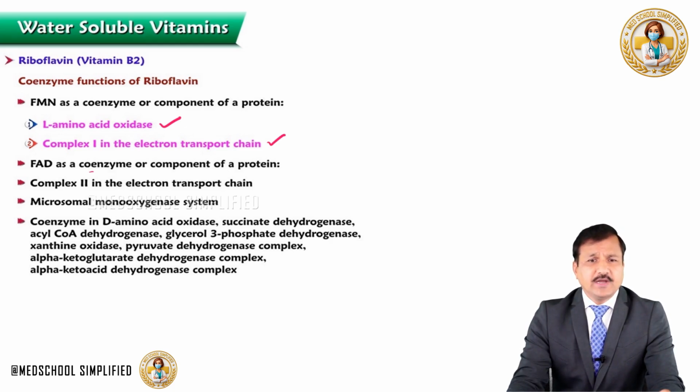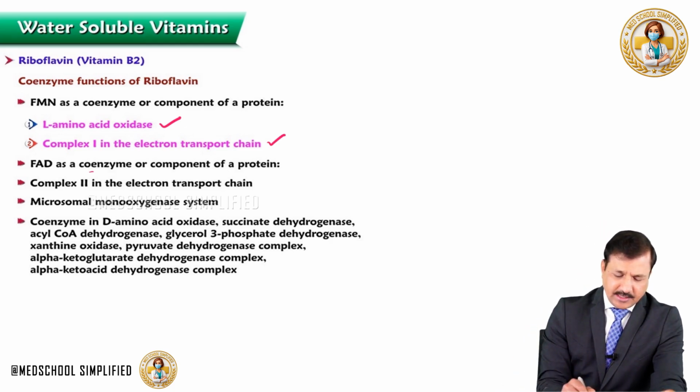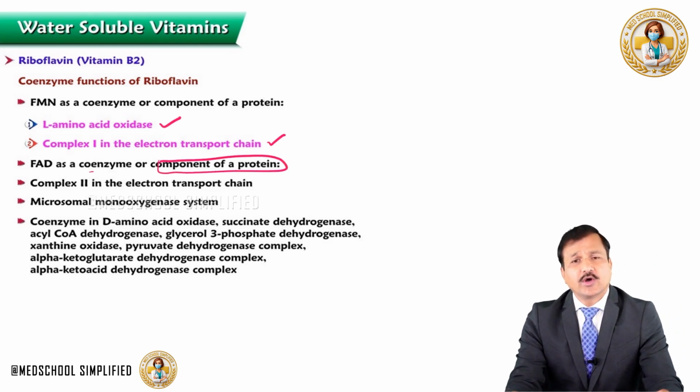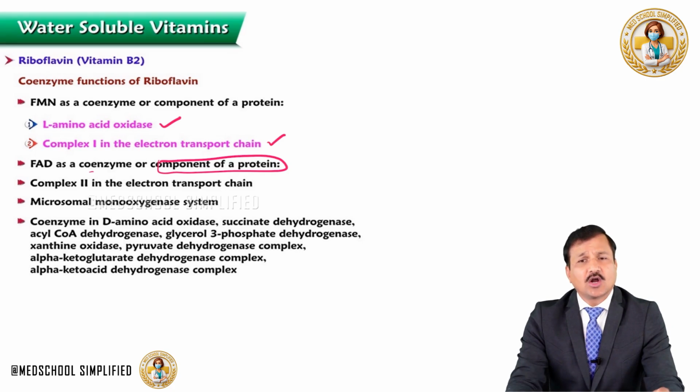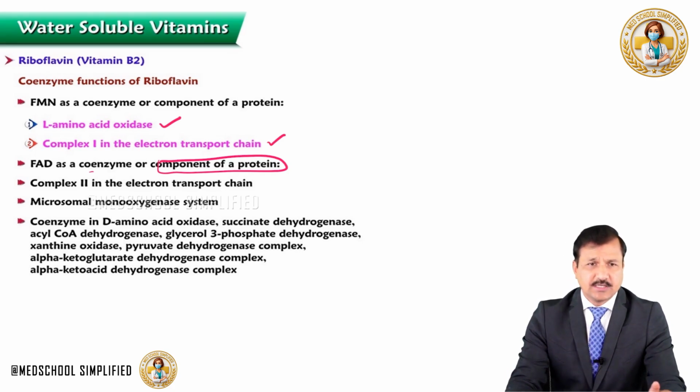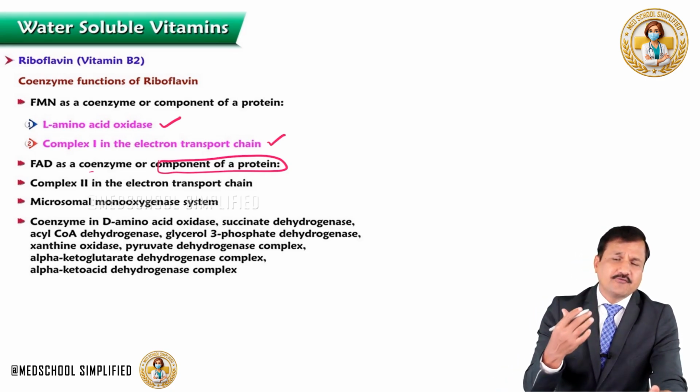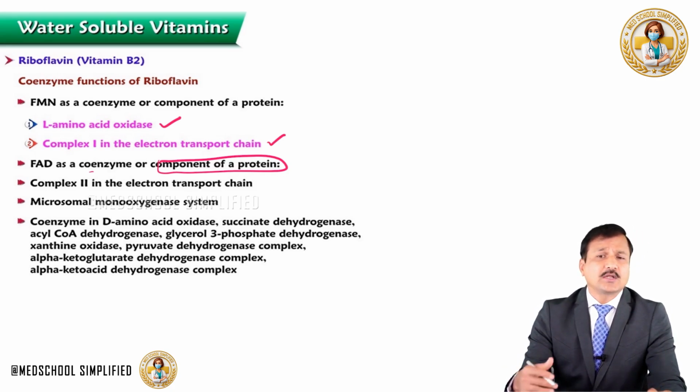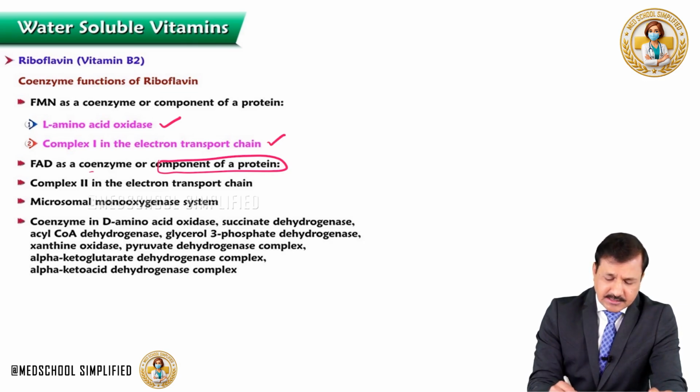Now, coming to FAD-dependent enzymes or proteins. FAD can be required as a coenzyme for certain enzymes, and also it is required as part of a protein complex. First, let us see where FAD acts as part of a protein complex, and that is in complex 2 of the electron transport chain.